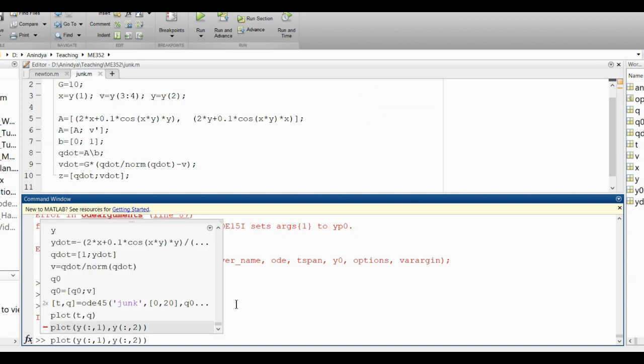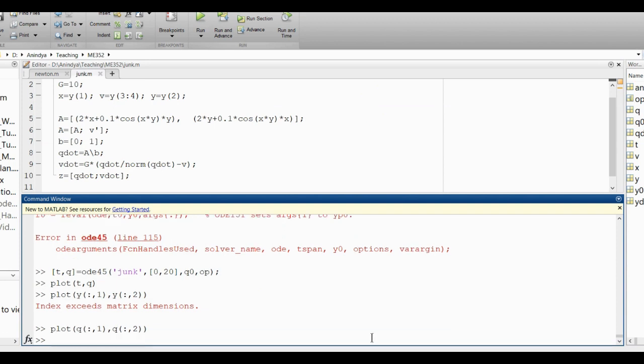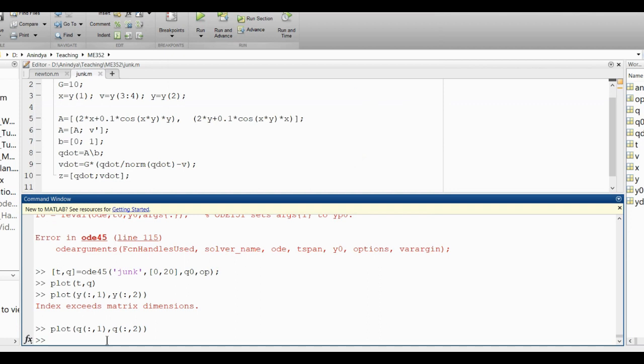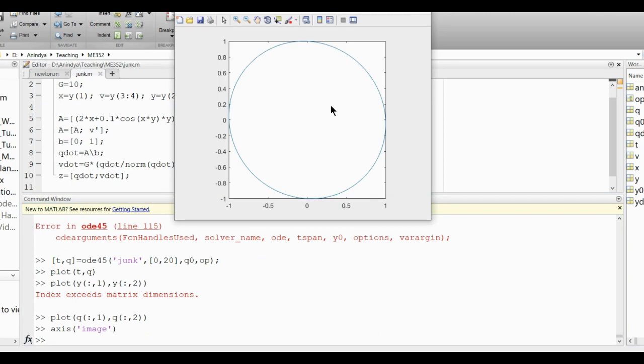Sorry. You can see that Matlab is filled with traps like this. You have to be careful, but here it is, and it's not a perfect circle. For example, if I do axis image, then it will scale the x and y axes perfectly, and you see that it is a slightly distorted circle. Okay, it has gone round and round many times.